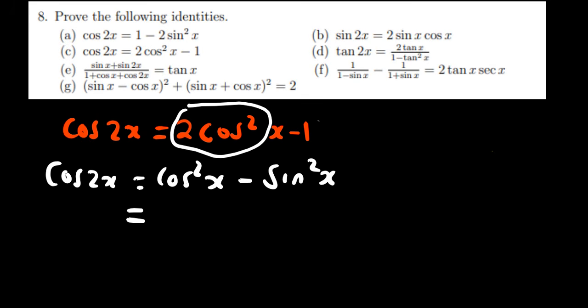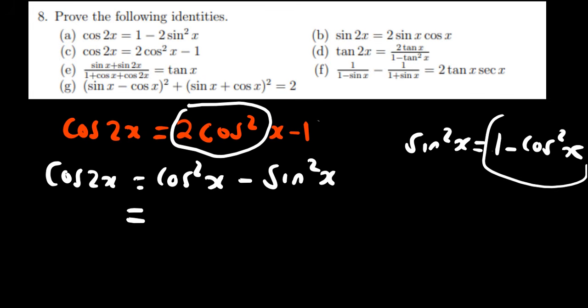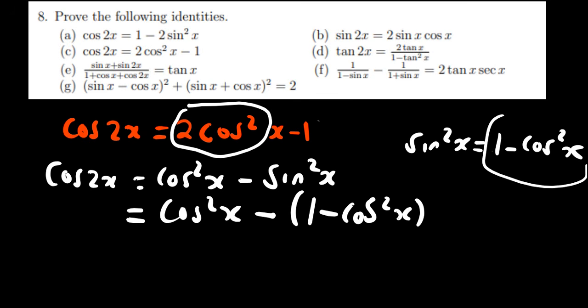So sine squared x is just the same as 1 minus cos squared x. So this is what I'm going to put there. I'm going to have cos squared x minus, then 1 minus cos squared x.